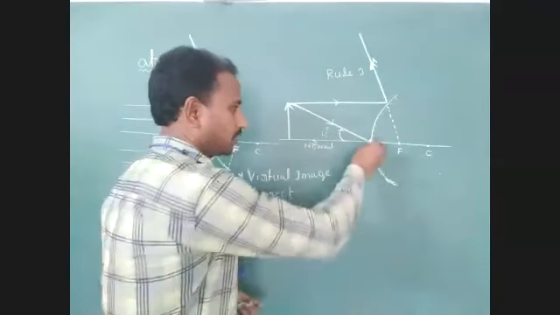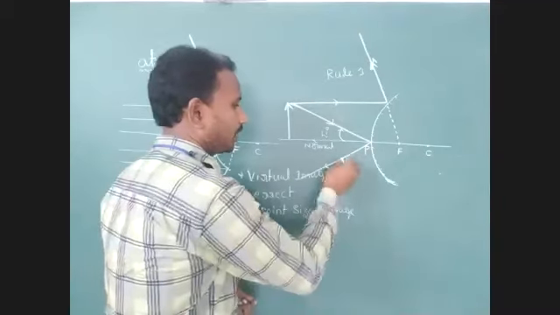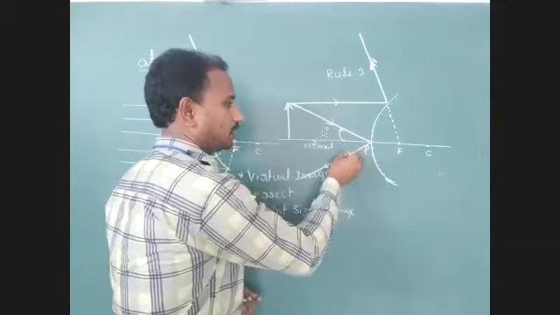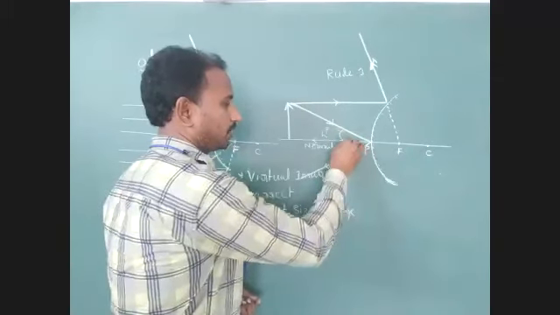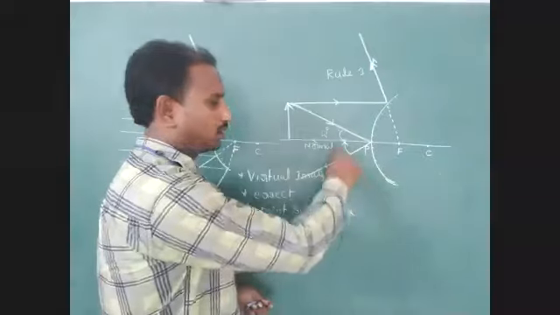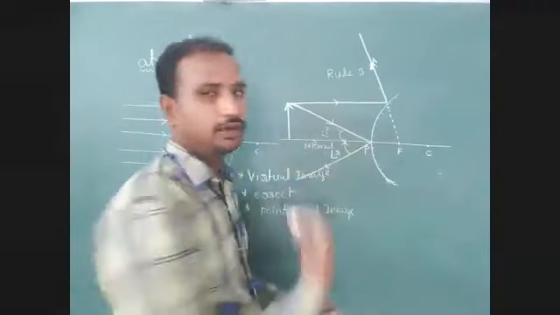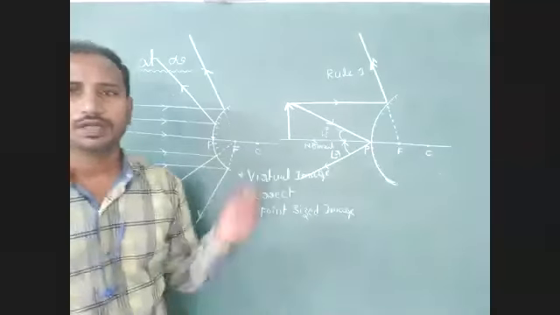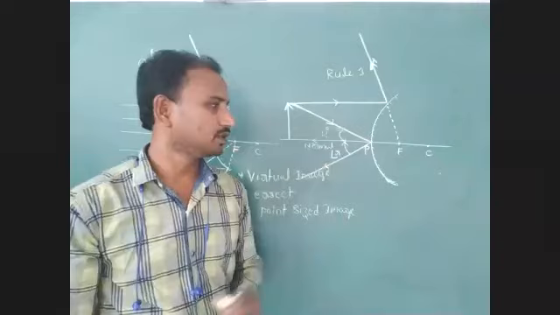Students, just identify this represented reflected ray. The angle between the reflected ray and the normal, how much? The angle between the reflected ray and the normal is angle R. Angle I equals angle R according to the first law of reflection.